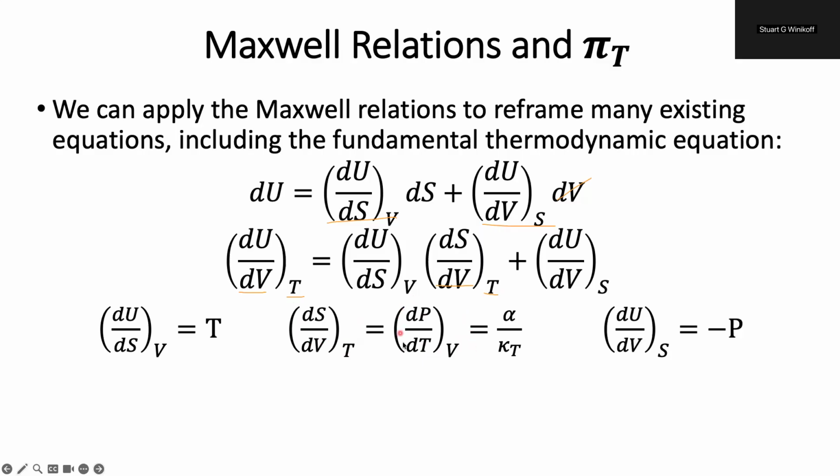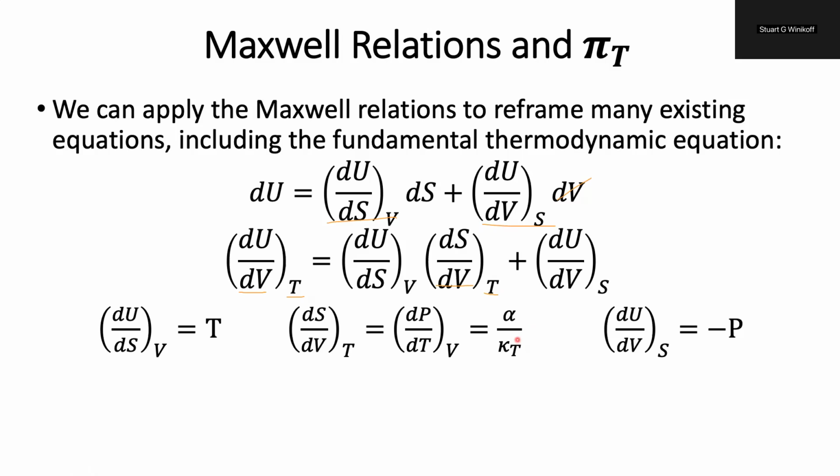Now, if you remember all the way back to chapter 2 when we were talking about triple product rules, we already showed that the change in pressure with respect to temperature under isochoric conditions is just going to be the ratio of the expansion coefficient over the isothermal compressibility.